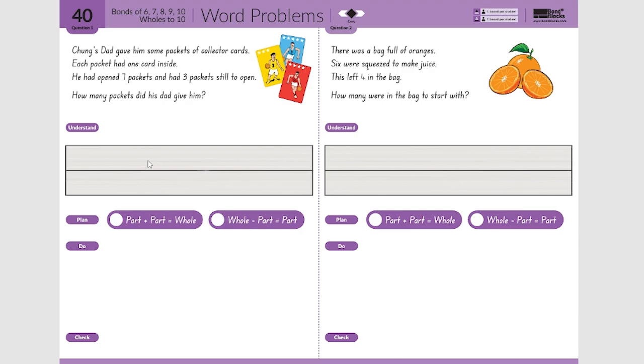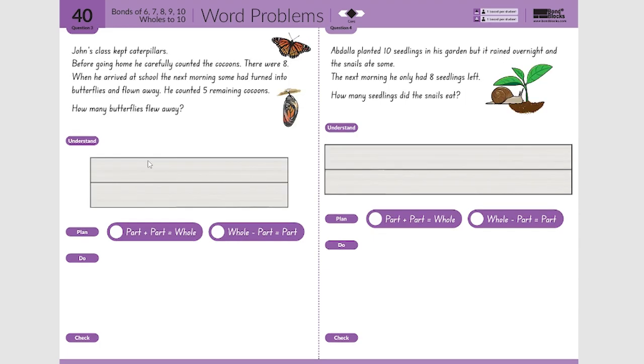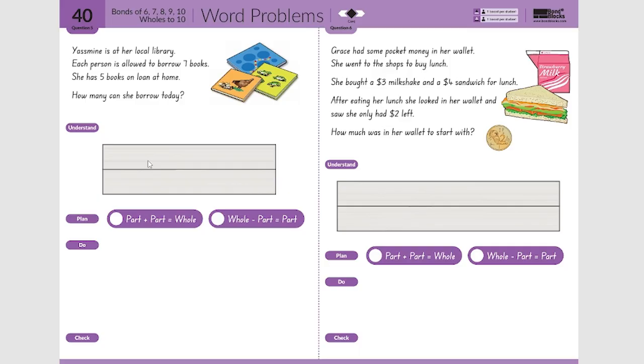Questions 1, 2, 3, 4, 5, and 6 are all part-whole diagrams. The diagram will tell us whether we need to add or subtract. I'm going to model each question for you.